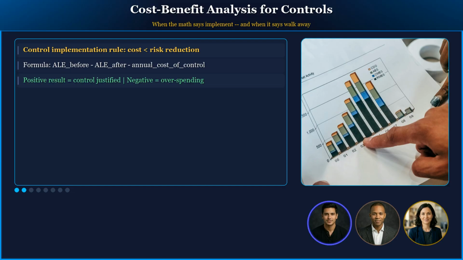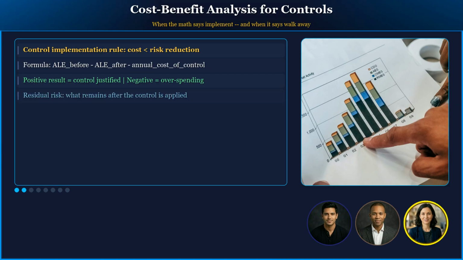And this is where the exam will test you. If the result is negative, if the annual control cost exceeds the reduction in annualized loss expectancy, the correct answer is often to accept the residual risk, not to implement anyway. The exam is checking whether you think like a manager, not like someone who wants to say yes to every control.